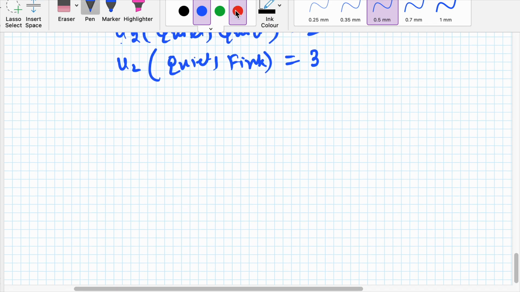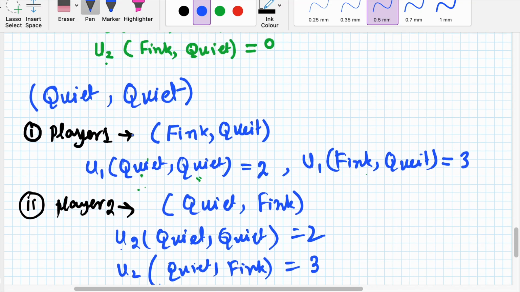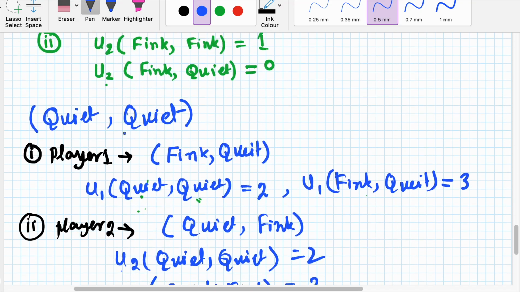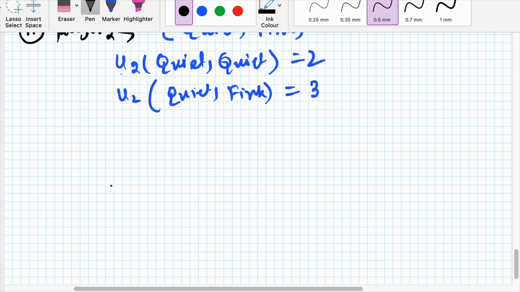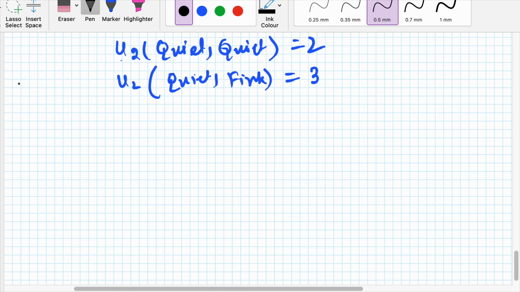Similarly, one can see the other options, that means quiet, fink. Is this a Nash equilibrium?